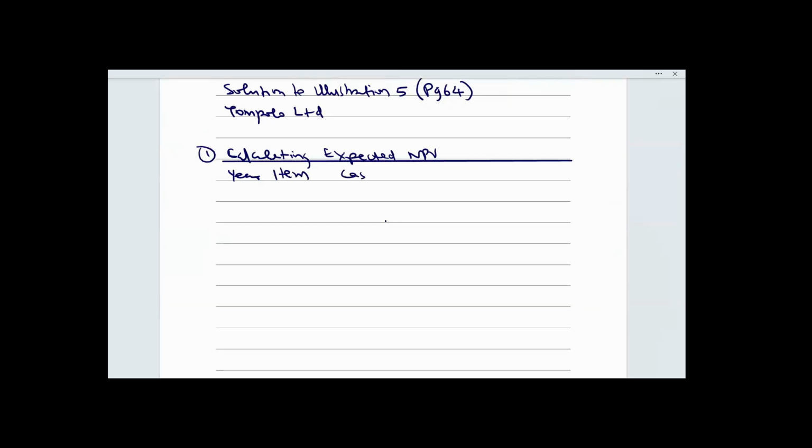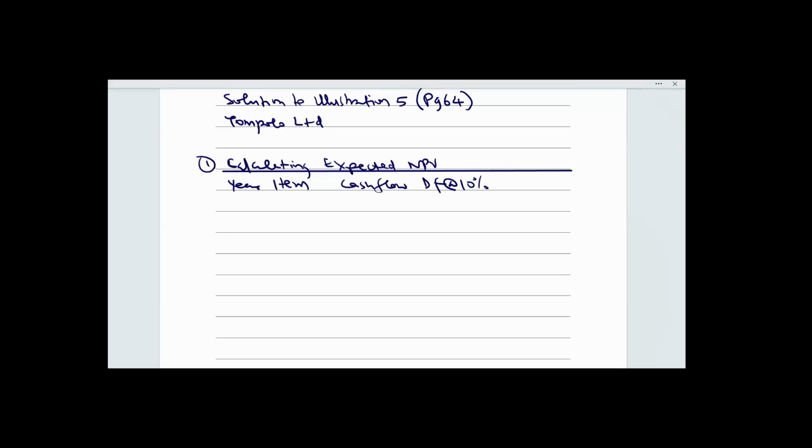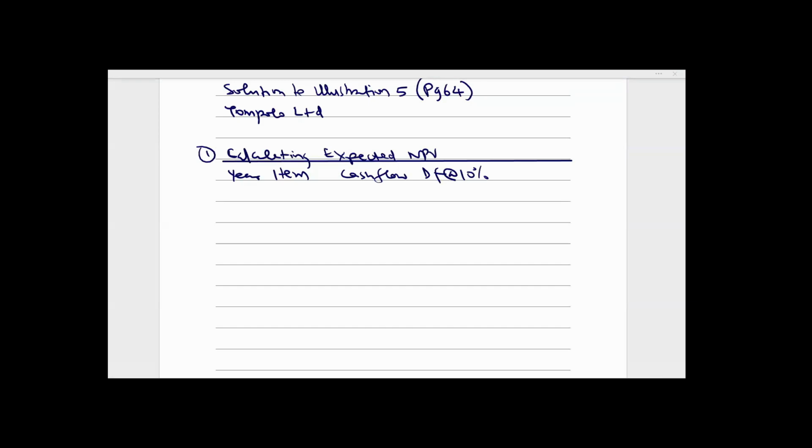Then you have cash flow, discount factor, and present value. Cost of capital given is 10%. Let me confirm. Okay, it's 10%. Year 0.